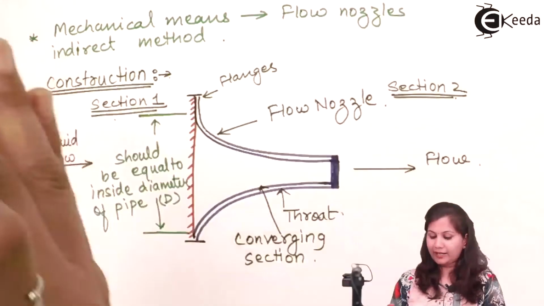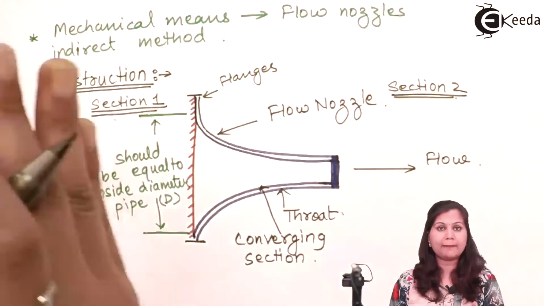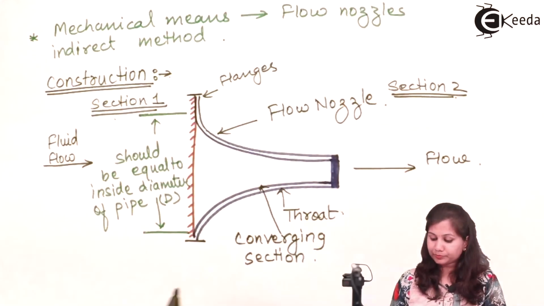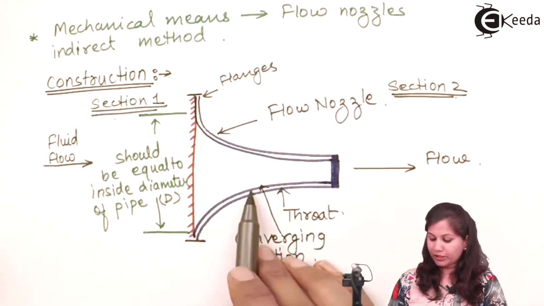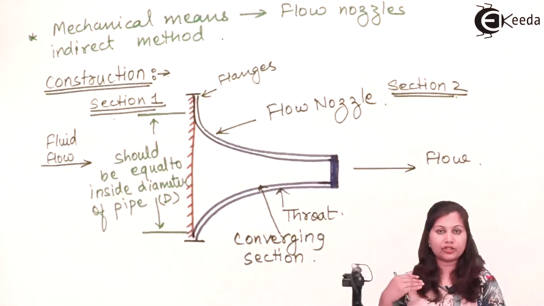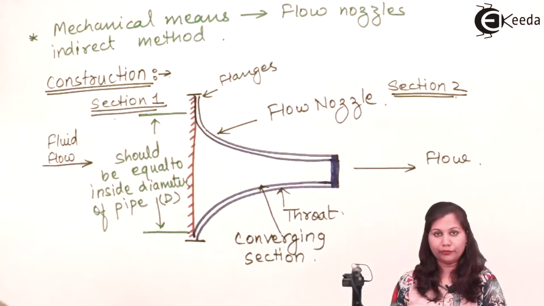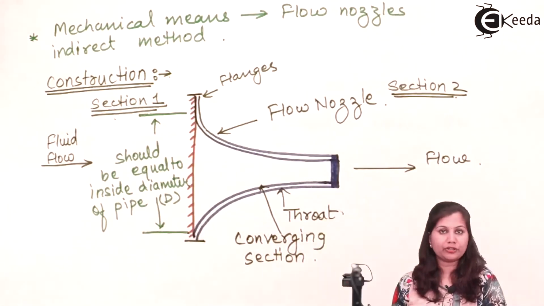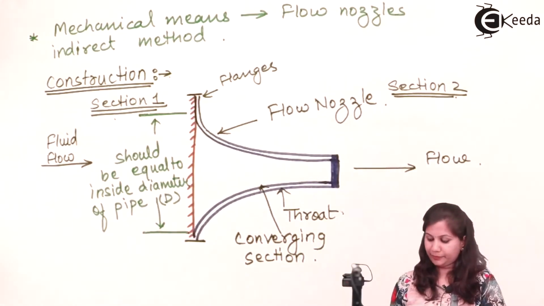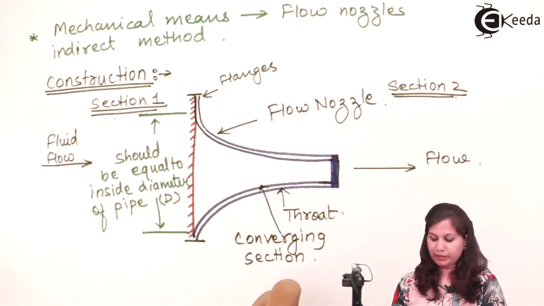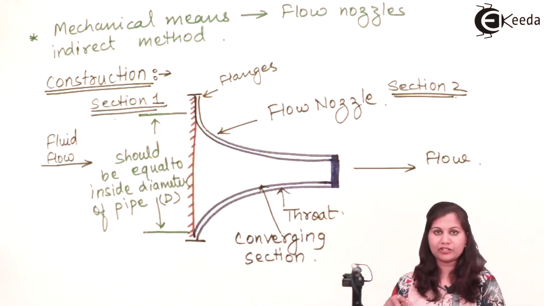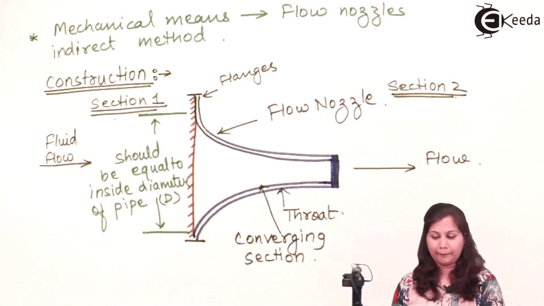Or we can say that due to this flow nozzle there is a pressure drop in the fluid. So this converging part is creating the change in the velocity of the fluid, due to which the pressure drop is being created. The throat is the part which has minimum area, and with the help of flanges it is fit inside the pipe.